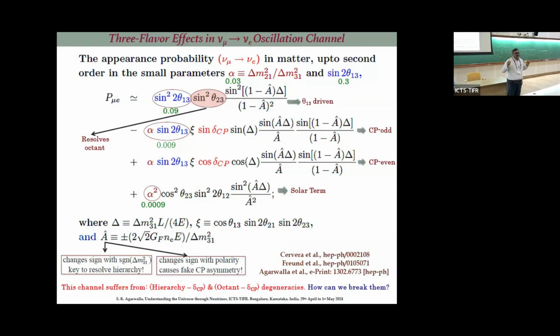Wait, you have this matter effect term also. It also changes sign when you go from neutrino to antineutrino. So the CP odd asymmetry that you measure in your experiment, will you attribute this to delta CP, or to this Wolfenstein matter term? Clear? That is a big problem.